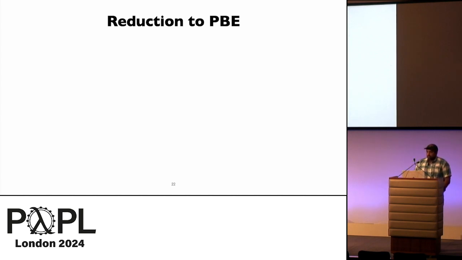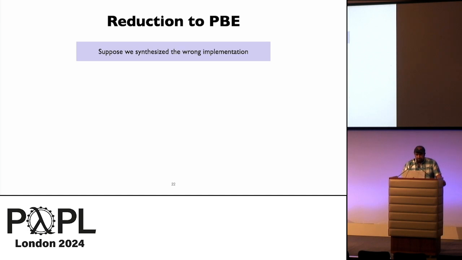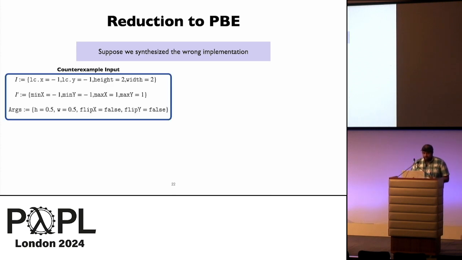Now I'll go over the first key idea, which is reducing the problem to an instance of PBE. Recall that we're doing this CEGIS loop, and suppose we synthesize an incorrect implementation. Then our verifier will give us a counterexample input, some input where the RRI fails or is not observationally equivalent.